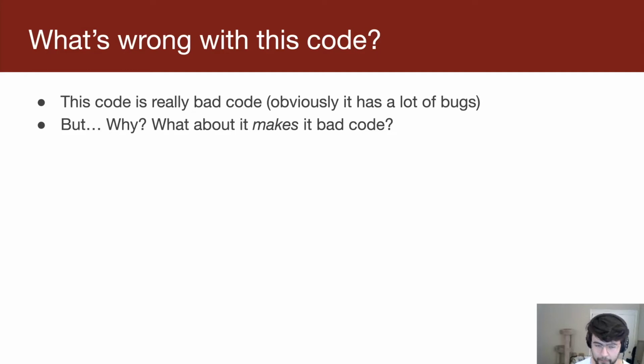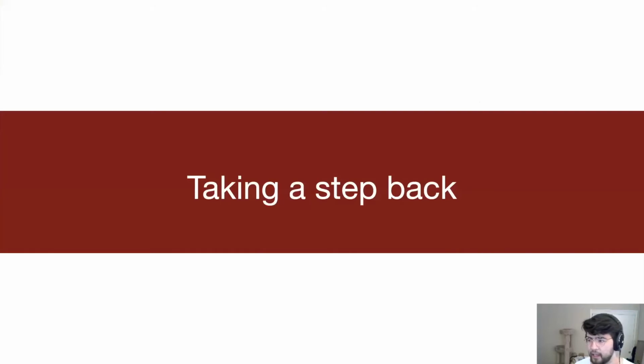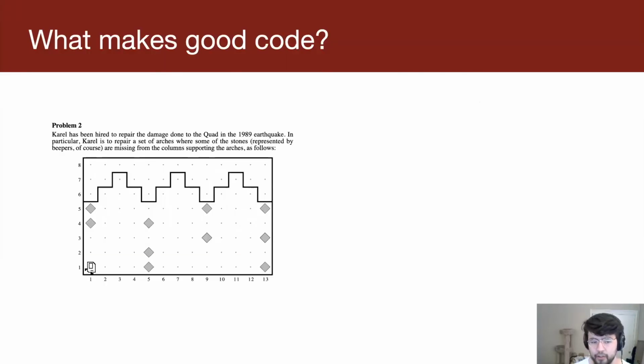There wasn't any structure. And I want to take a step back, actually to 106A, and talk about the Stonemason Carol problem. For those who haven't taken 106A, this is a problem from the first week where there's a little robot named Carol, and the robot is supposed to place beepers, which are these diamonds, in these columns.